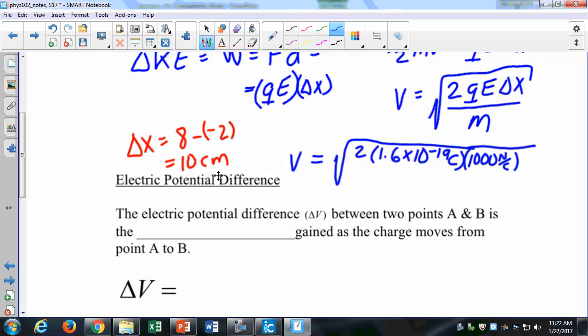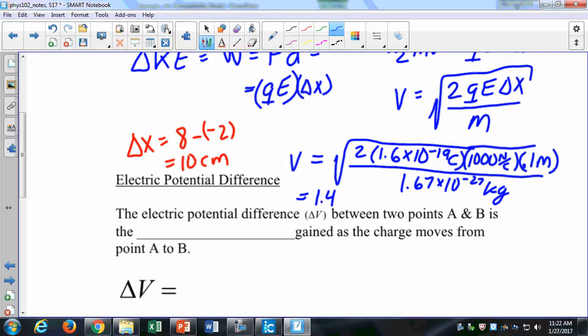So it's 0.1 meters divided by the mass, 1.67 times 10 to the minus 27. That's right, isn't it? Yeah. Okay, so that'll give us our speed, and it turns out that speed is 1.4 times 10 to the 5th meters per second.